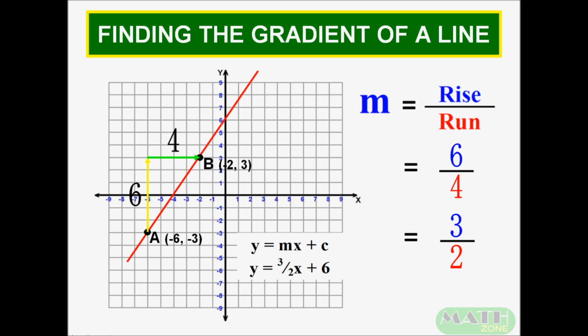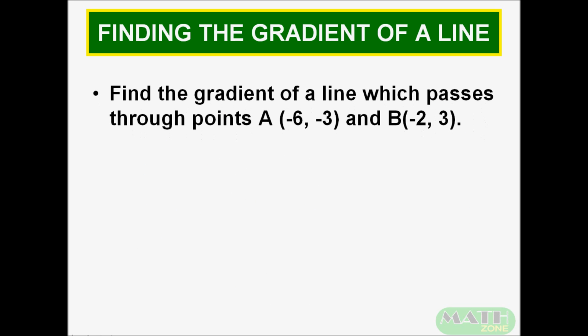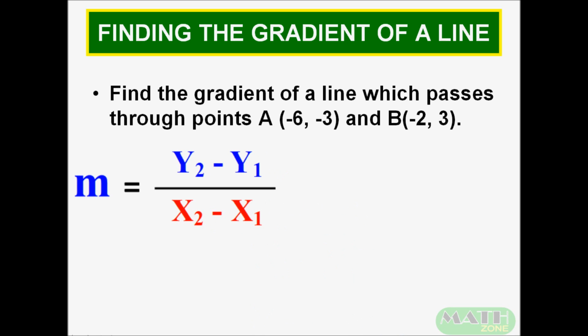Now, the next method that we will be looking at, we can be given the same problem, but in a more structured format. We could be given the opportunity to find the gradient of a line which passes through points A, -6, -3, and B, -2, 3. These are points on the line. Using the formula in this case, m equals y2 minus y1 upon x2 minus x1.